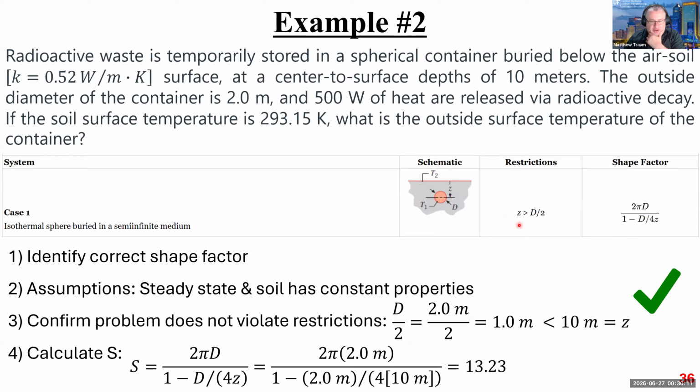So the restriction here is that Z has to be greater than D over 2. What's D over 2? Well, the diameter of this thing is 2 meters, so D over 2 is 1 meter. And that is, in fact, less than 10 meters, which is the given depth, right? So this restriction is satisfied. Z is, in fact, 10 times bigger than D over 2, so that's great.